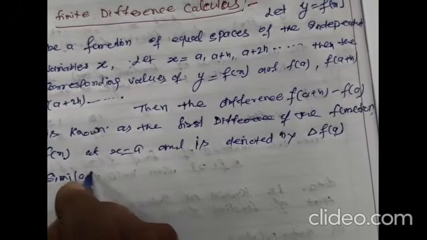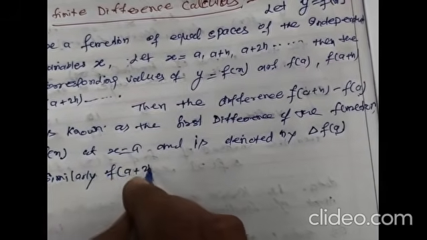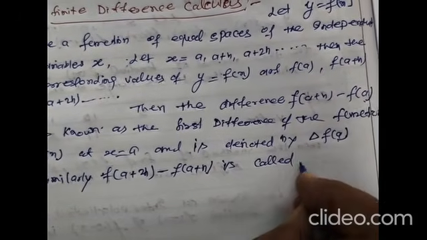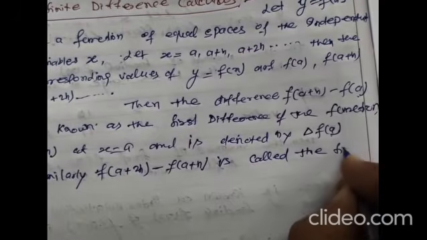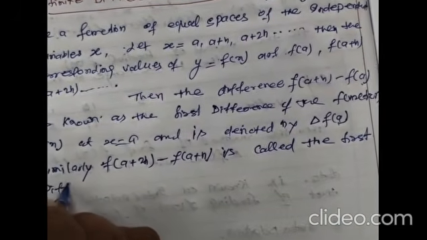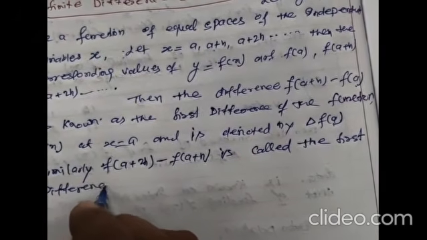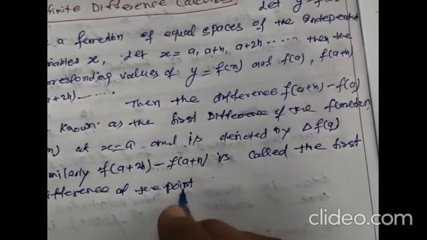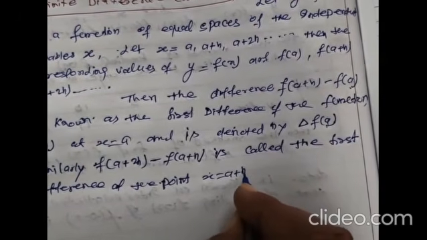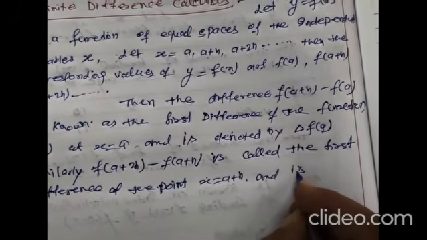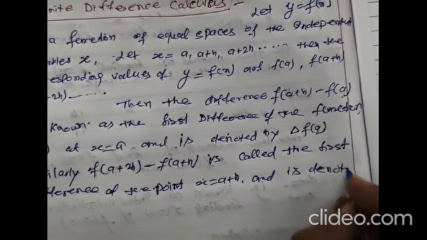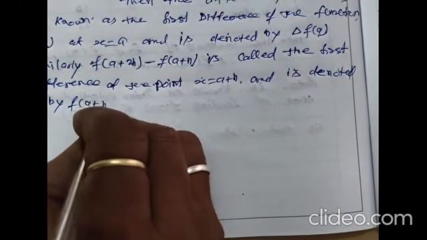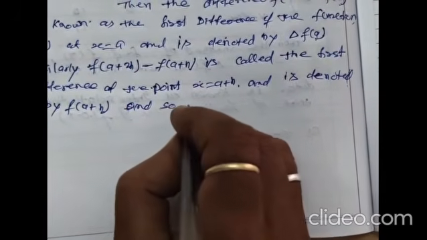Similarly, f(a plus 2h) minus f(a plus h) is called the first differentiation at the point x is equal to a plus h, and is denoted by del f(a plus h), and so on.